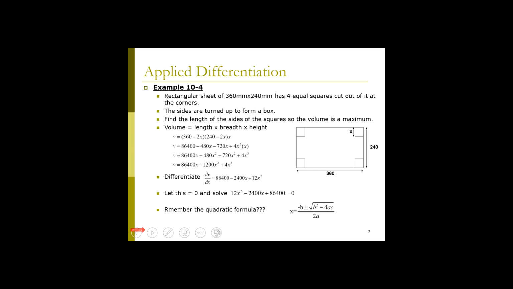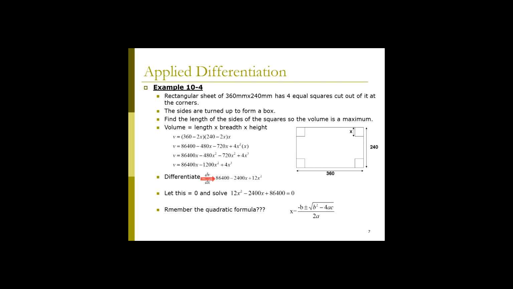So, a is the x squared term. So, a is 12. b is the x term. So, b is minus 2400. And c is the constant, 86,400.